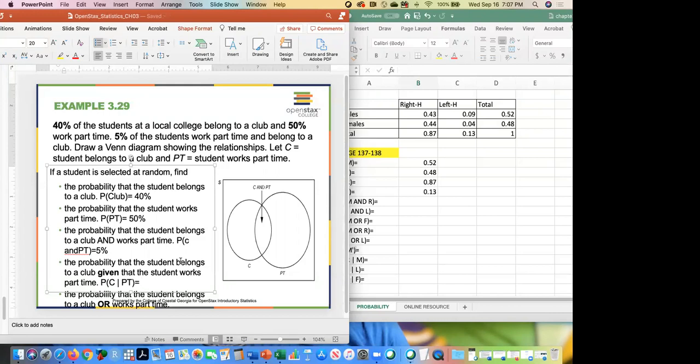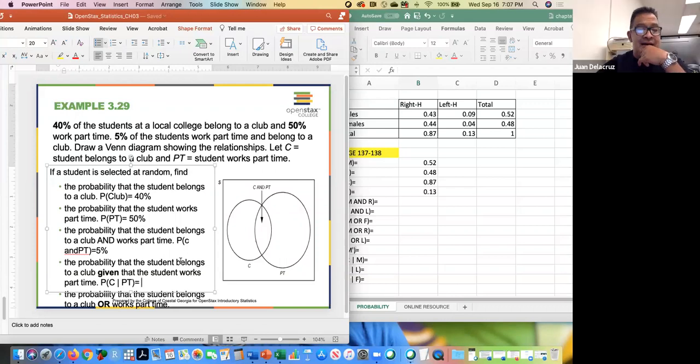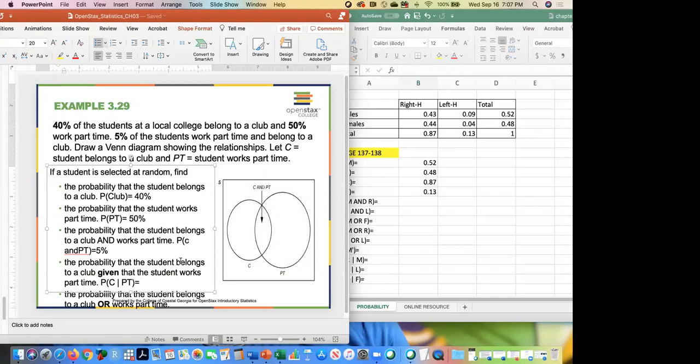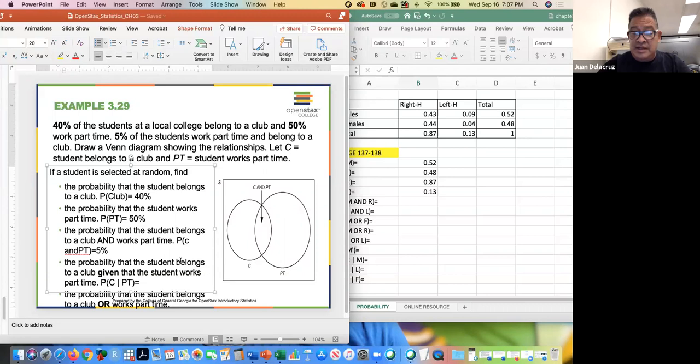Anybody? Part-time first, and then part-time as the total, and what we're looking for on top. Okay. But this is the probability. How can you write it? Write the total as a denominator, which is 100%, right?